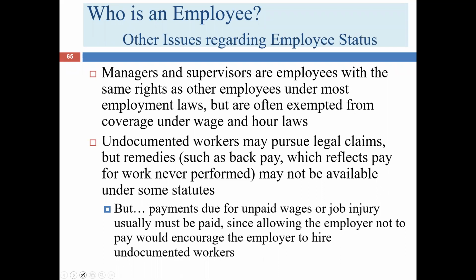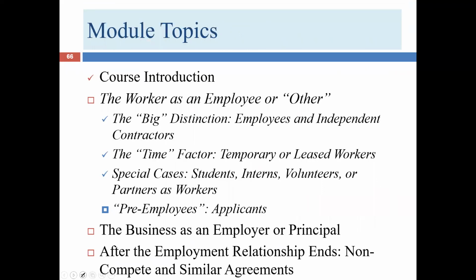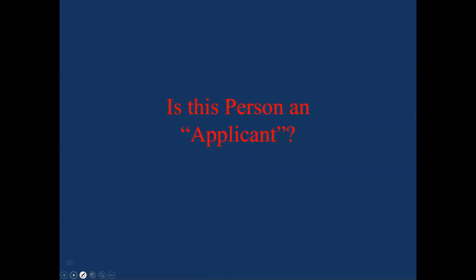So now we have covered 3 of our 4 topics under our second topic, which is the worker as an employee or other. And our final category is going to be the topic of applicants. These are kind of pre-employees, at least they hope to become an employee.